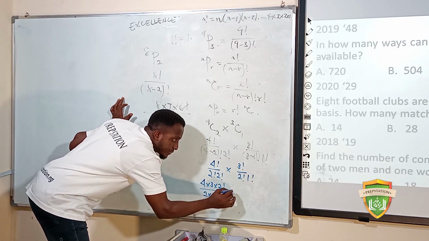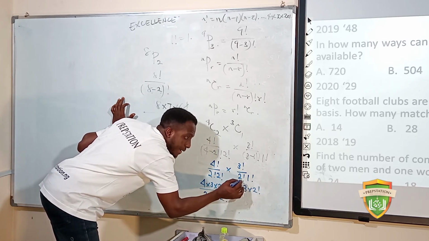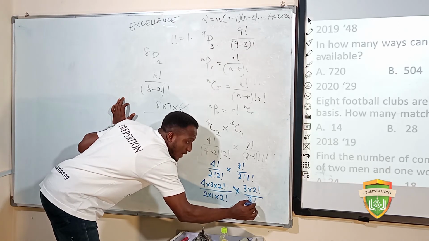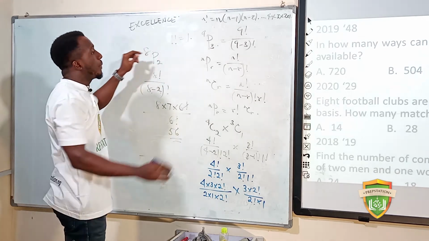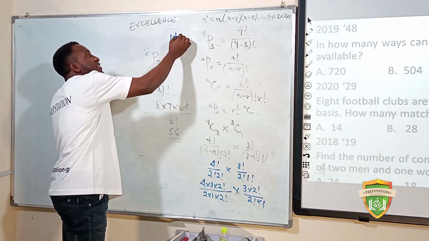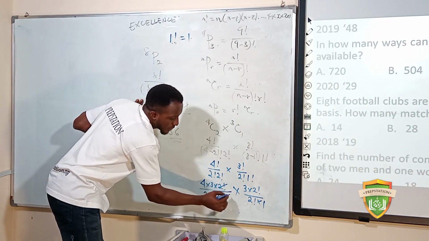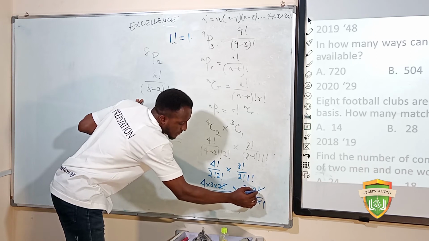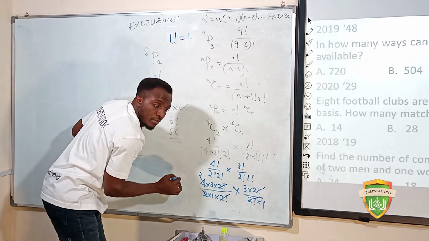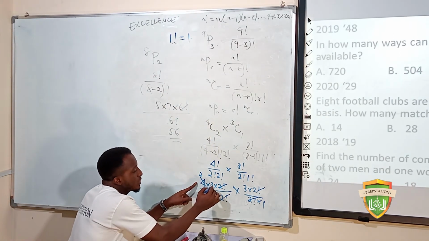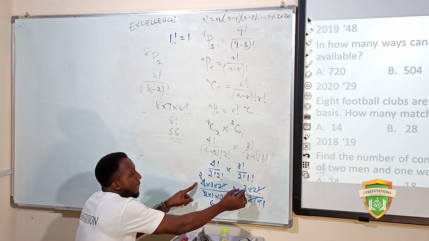Times 2 factorial, times 3 times 2 factorial. Why? Because there's a 2 factorial there. 2 factorial times 1 factorial is what? 1 factorial is equal to 1, as I said earlier. Now, this will cancel this. This will cancel this. 2 times 1 is 2, so 2 will cancel this 2. So let's go. We have 2 times 3 is what? 6 times, what do we have here?